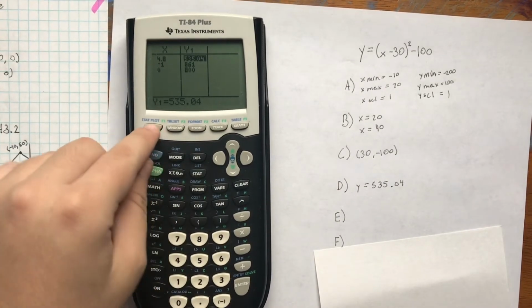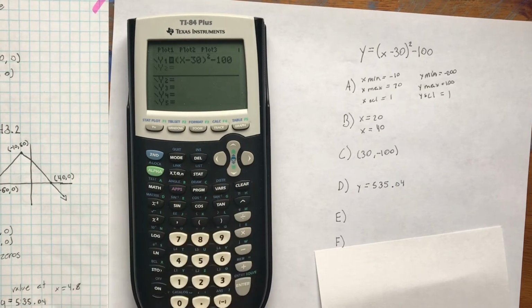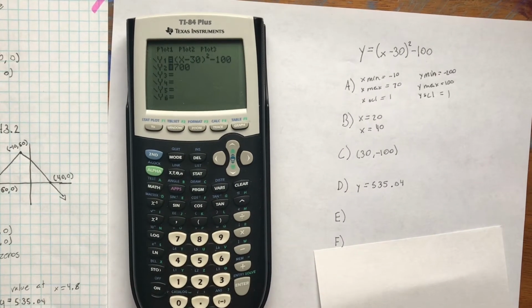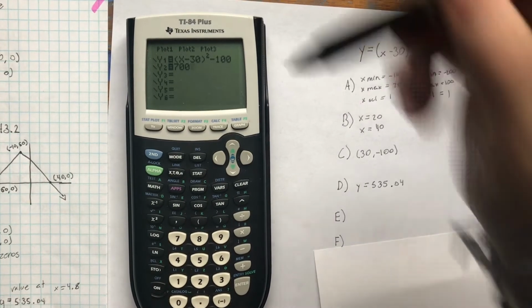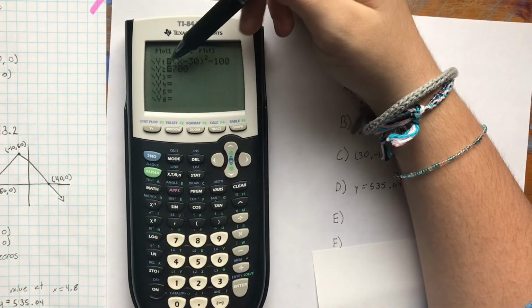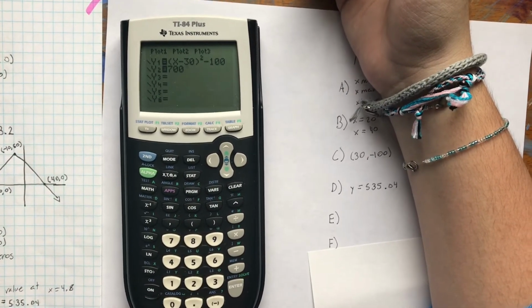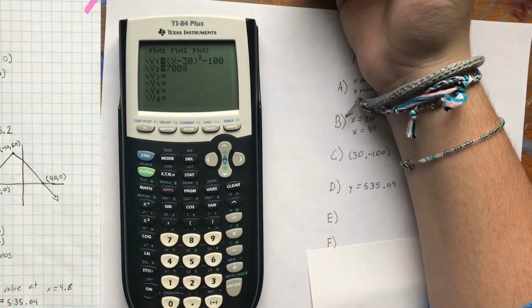For E, we're going to go to this y equals, and it's good that we already put in our y max so high because we're going to need to know our x values when y equals 700.